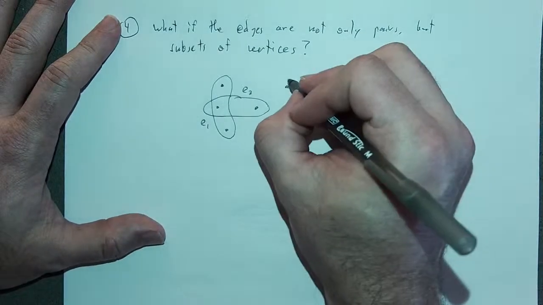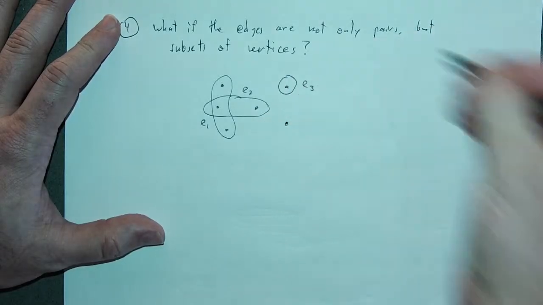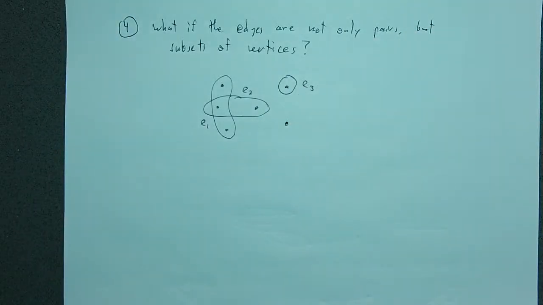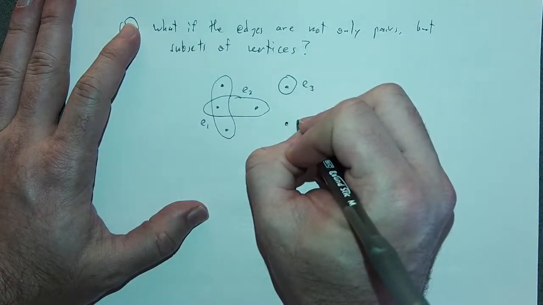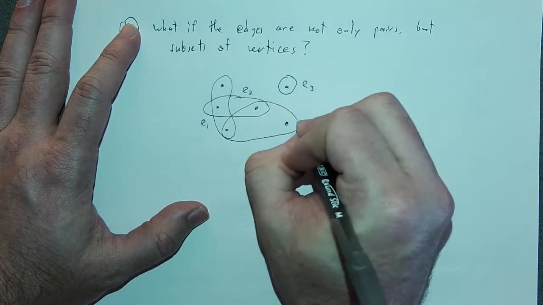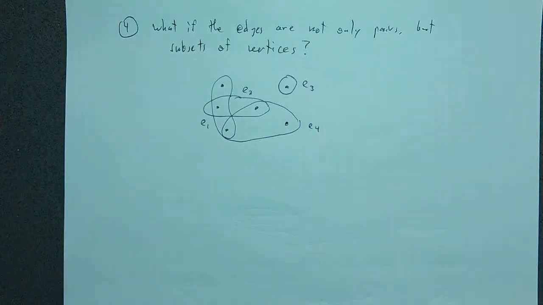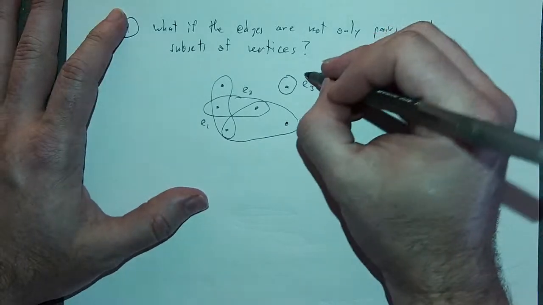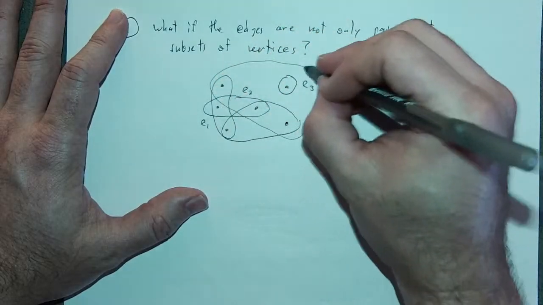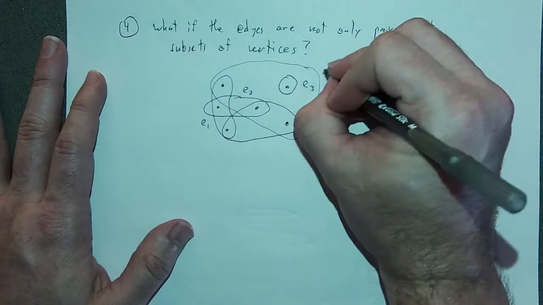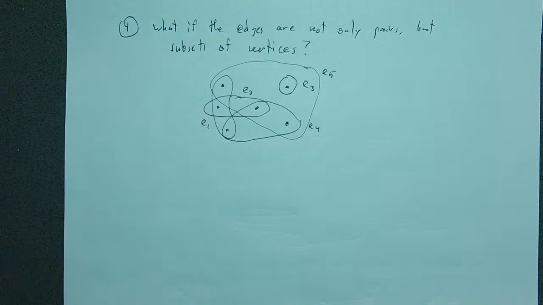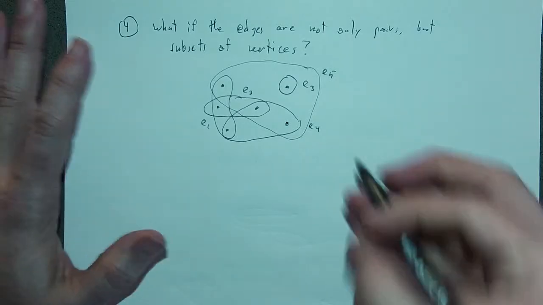A loop would look like this. Then maybe you have these three taken all together. There's nothing stopping you from even taking 4 vertices together. This would be E5. This looks like a very different object. What would you call this? This is a hypergraph.